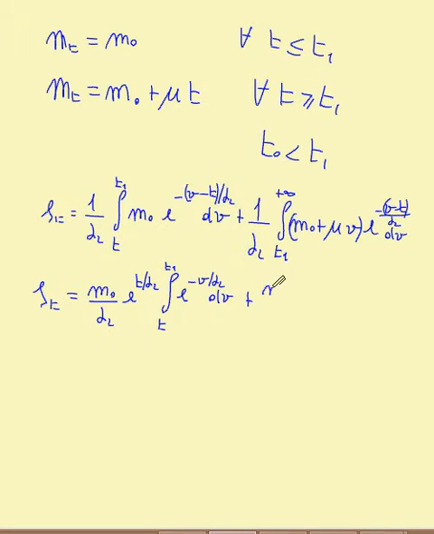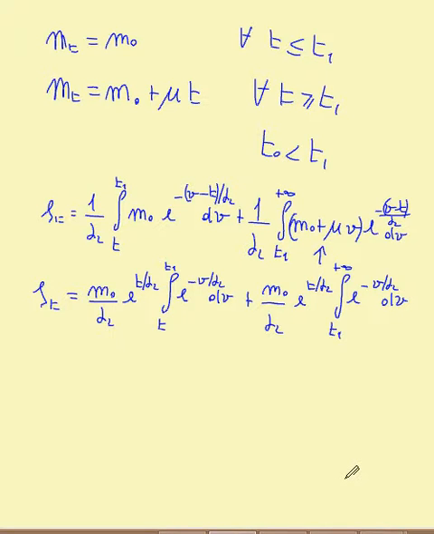Plus m0 over alpha 2. So we multiply this parenthesis by the discount factor, okay? So m0 divided by alpha 2 e to the power of t over alpha 2 integral between t1 and plus infinity of e to the power of minus v over alpha 2 in dv.